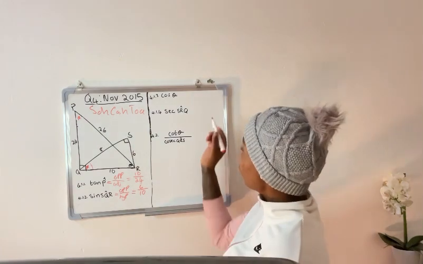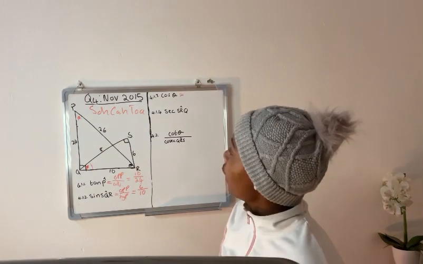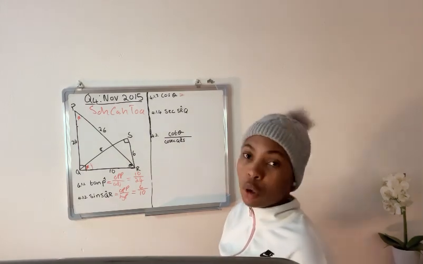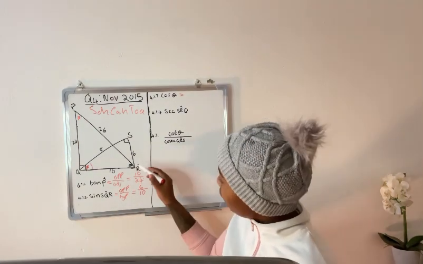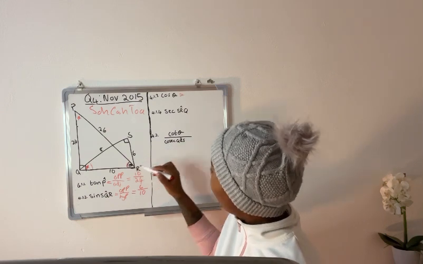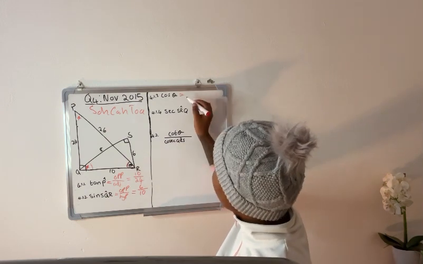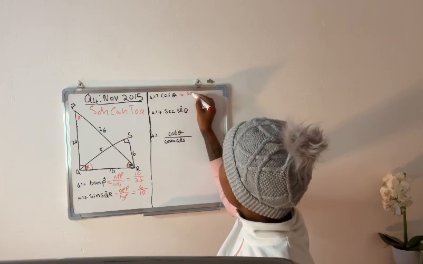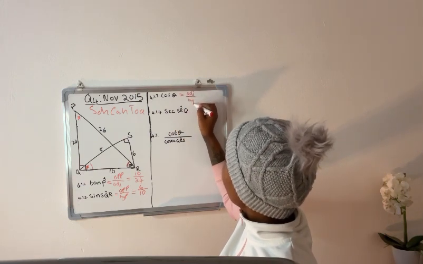Right, let's go now to 4.1.3, cos theta. Where is theta? Here is our theta. So we write the definition of cos, which is adjacent over hypotenuse.